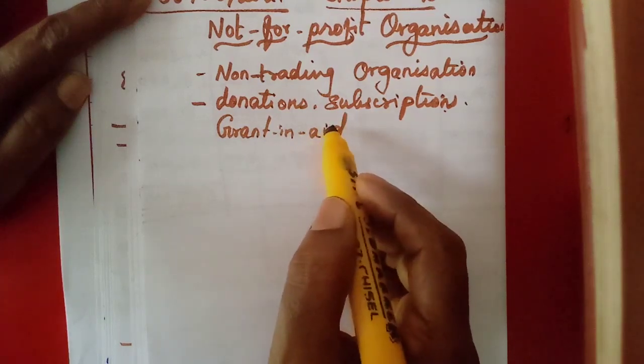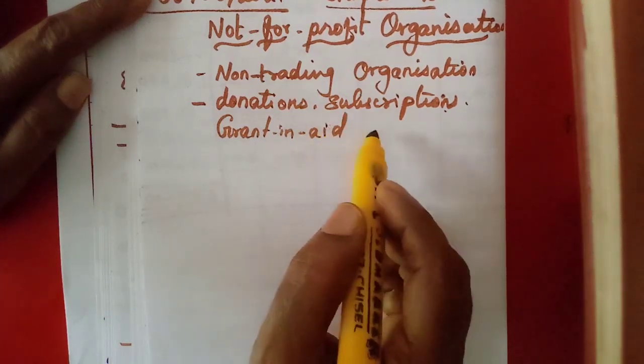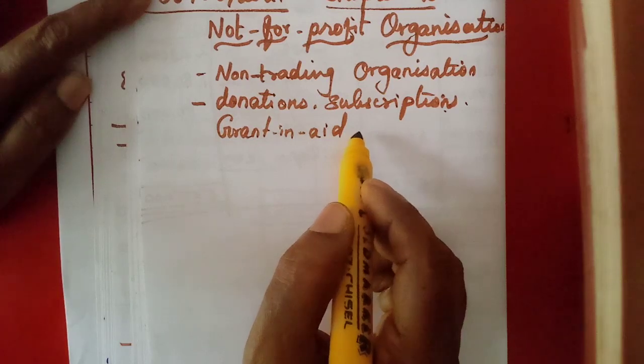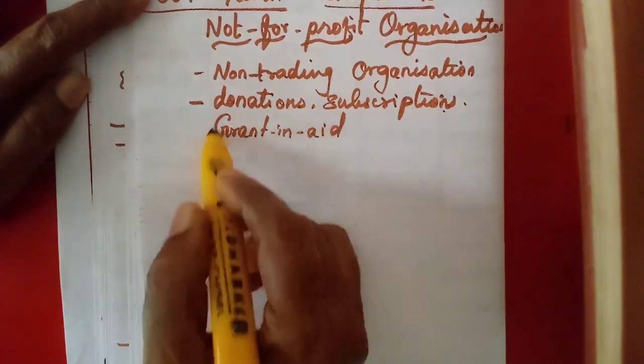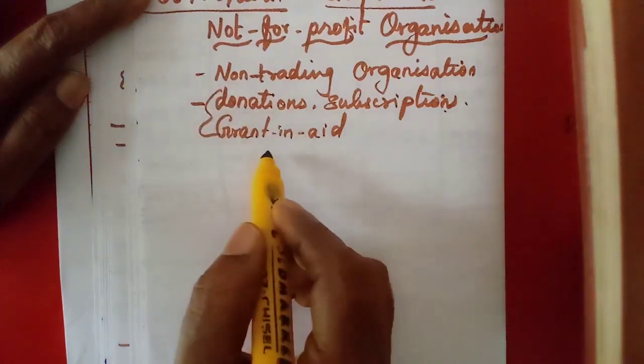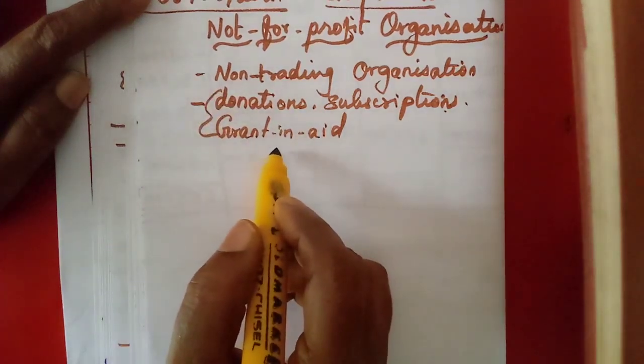We say aided school, they get the aid from the government. Like this they get their amount for meeting their expenditure.